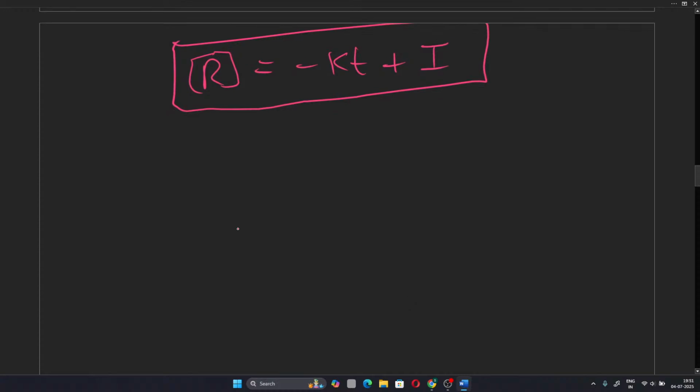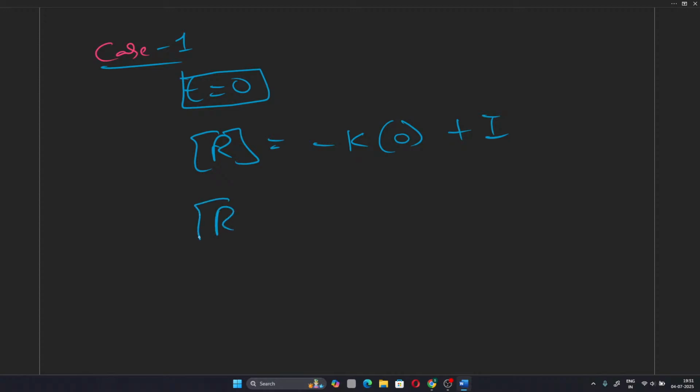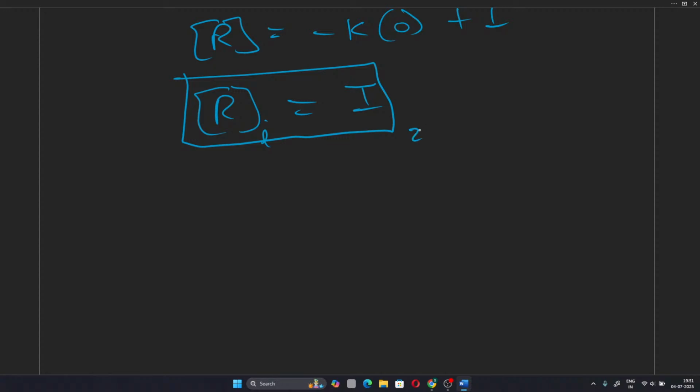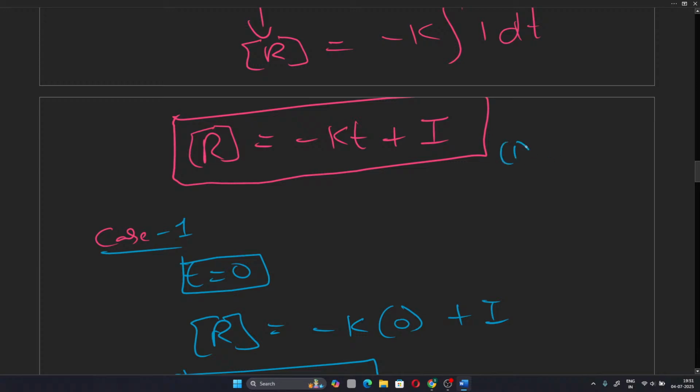Now let's take case 1, where at t equals 0, R equals minus k times 0 plus I. Then R becomes R naught, the initial concentration, equals I. Let's take this as equation 2 and the earlier one as equation 1.